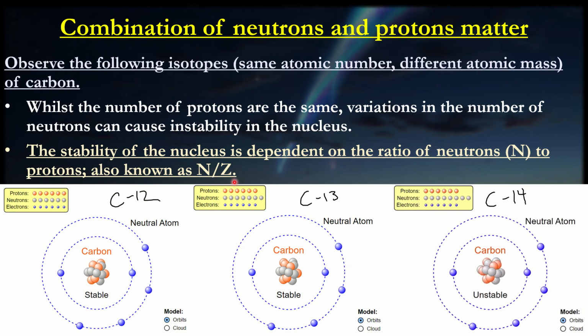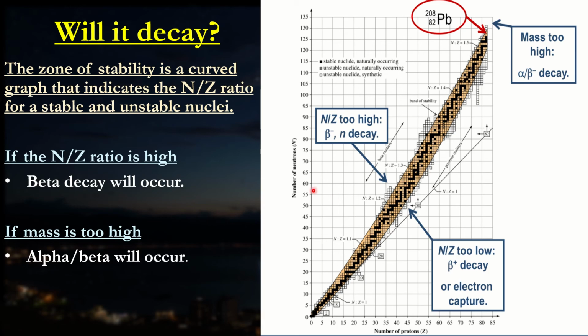That's another way we call it, which basically is comparing the mass to the amount of protons that we're looking into. So that's what we're observing here. If we look at a chart that explains what's happening here, we can compare the number of neutrons to the number of protons.